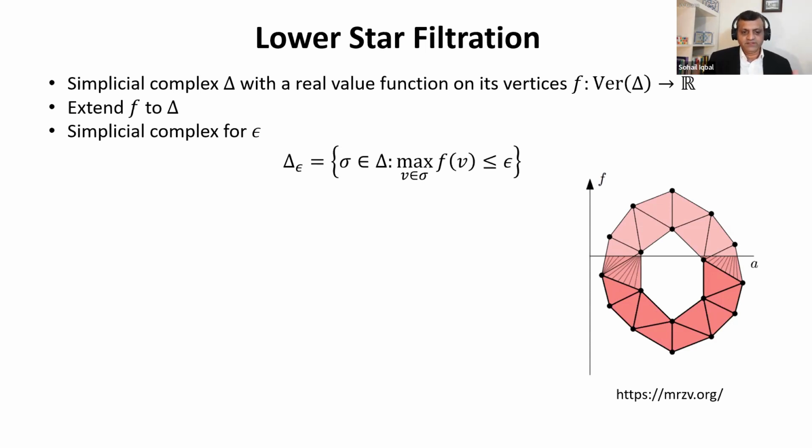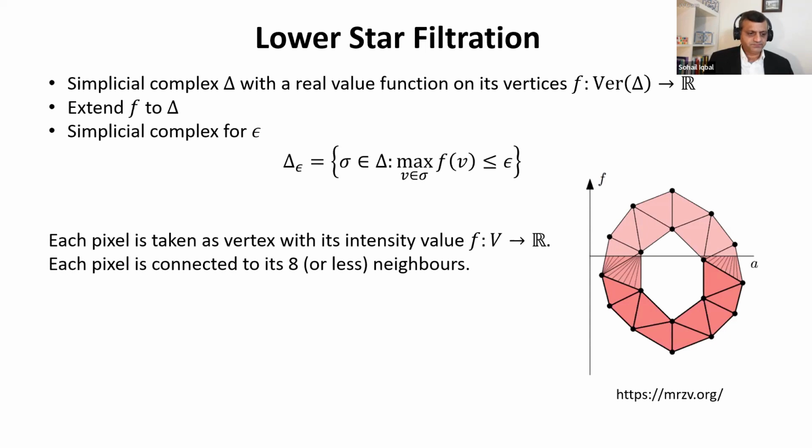Then we extend it using linearity to the whole simplicial complex. Each node of that filtration of the simplicial complex is defined in the following way: sigma belongs to delta if the maximum of f of v is less than or equal to epsilon. That's how we can construct each node of the filtration of the simplicial complexes.